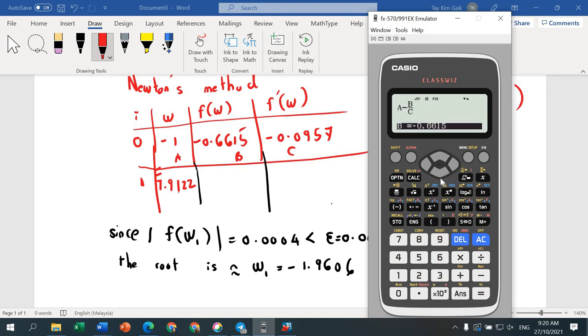A -1, B negative 0.6615, C negative 0.0957. So this means it is correct.